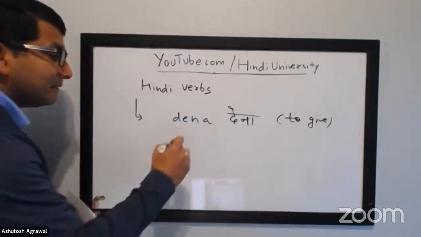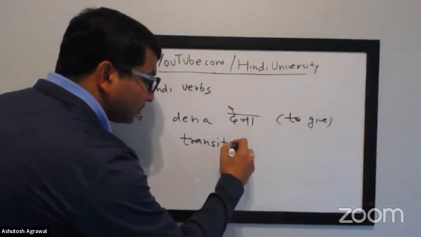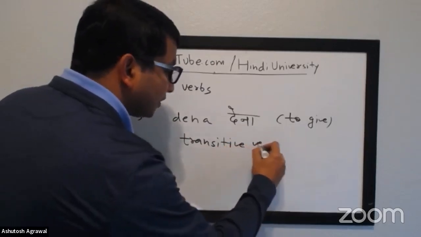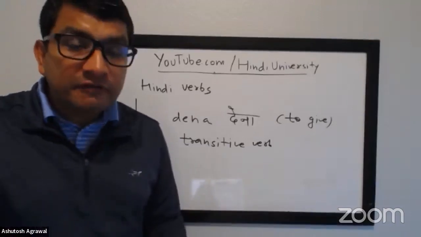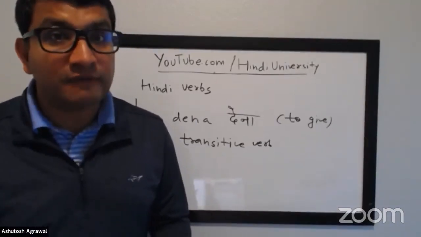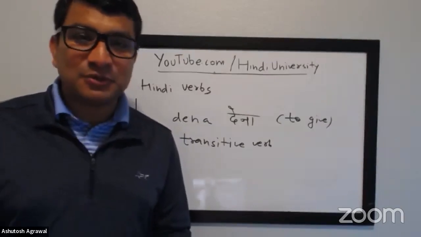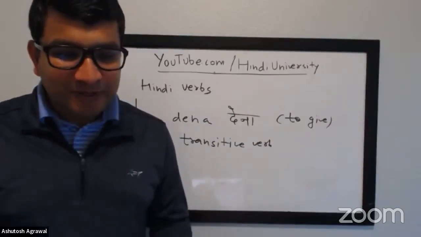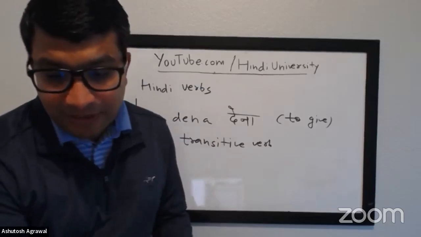And it's considered a transitive verb, because there is an object when you are giving something. You give a gift, you give your time, you give some help, you give food, right? So it is considered a transitive verb.